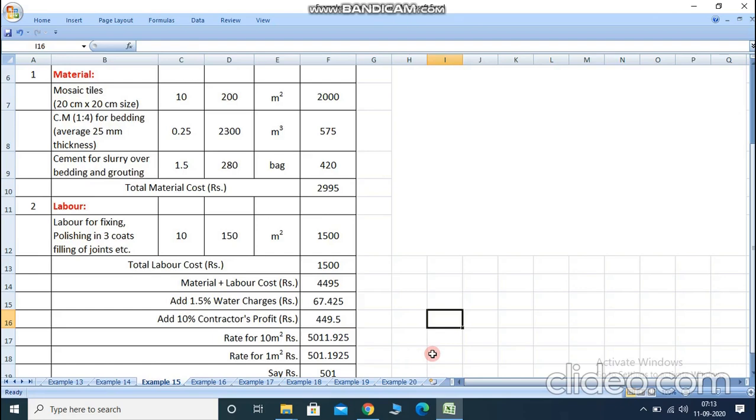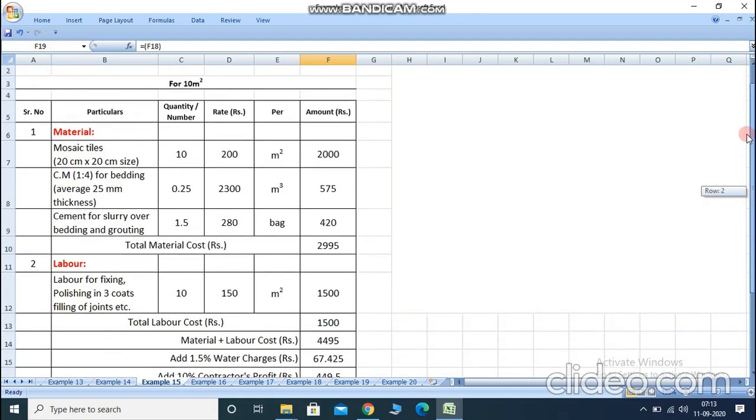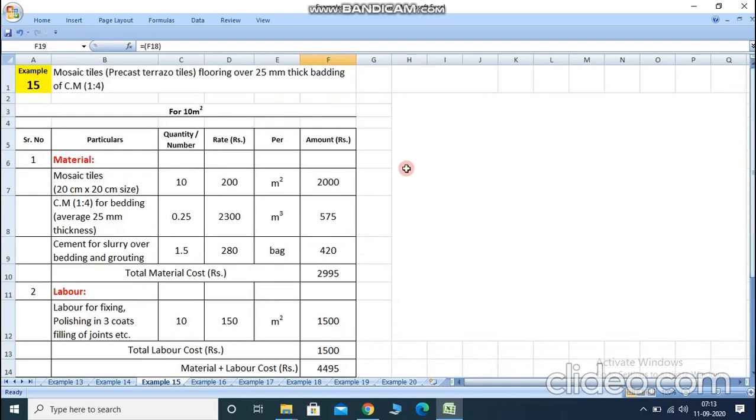So we got the answer for a 1 meter square area. This value has a decimal point, so the rounded figure is 501 per meter square rate for mosaic tiles flooring over a 25 mm thick bedding of cement mortar 1:4.